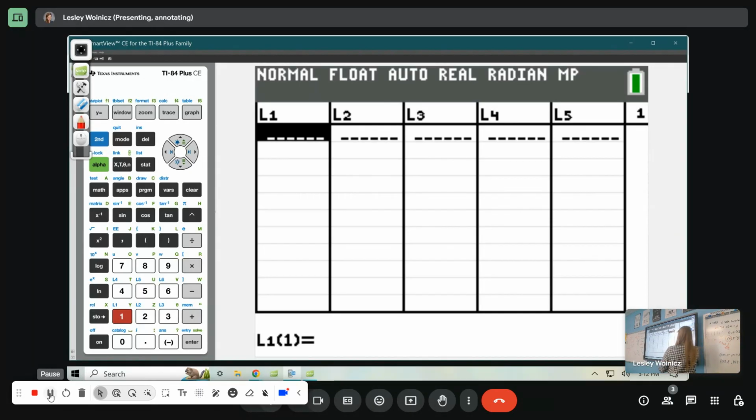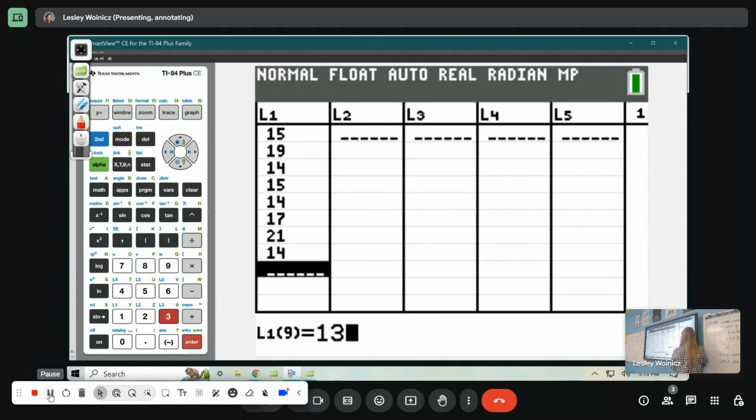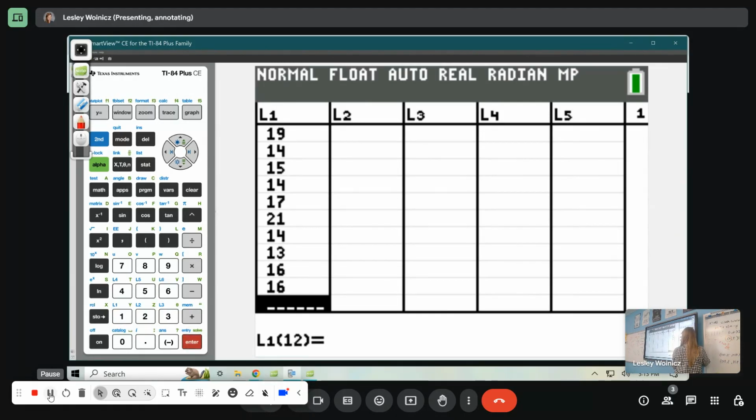Okay, so I'm going to put these in. 15, enter. 19, enter. You can also use your down arrow. 14, enter. 15, enter. I'll let you guys do it. Okay.